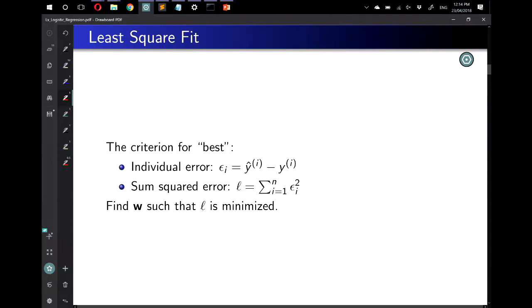In some libraries they use the mean squared error, but essentially it's the same thing. It's just divided by the number of training or testing examples. That's equivalent because the number of examples is a constant, so minimizing that is also equivalent to minimizing the total error.